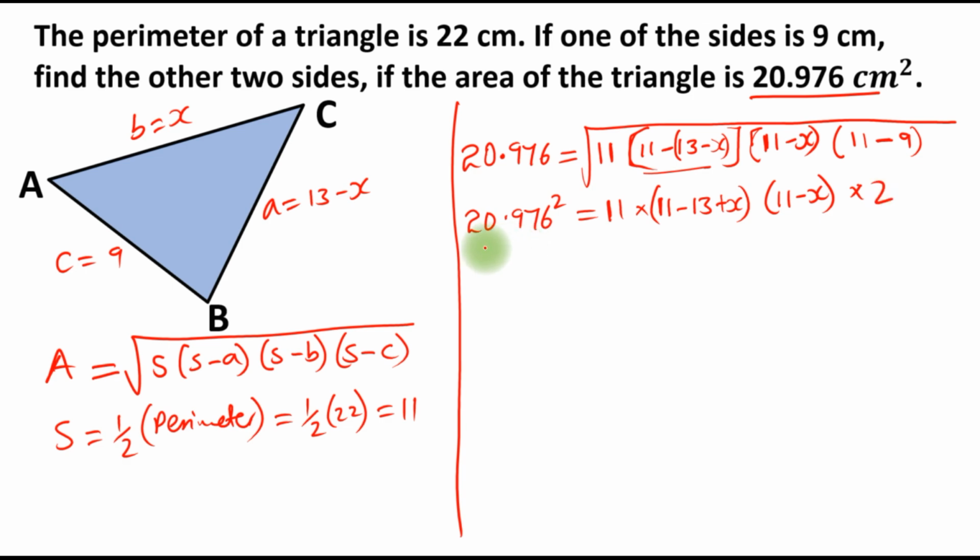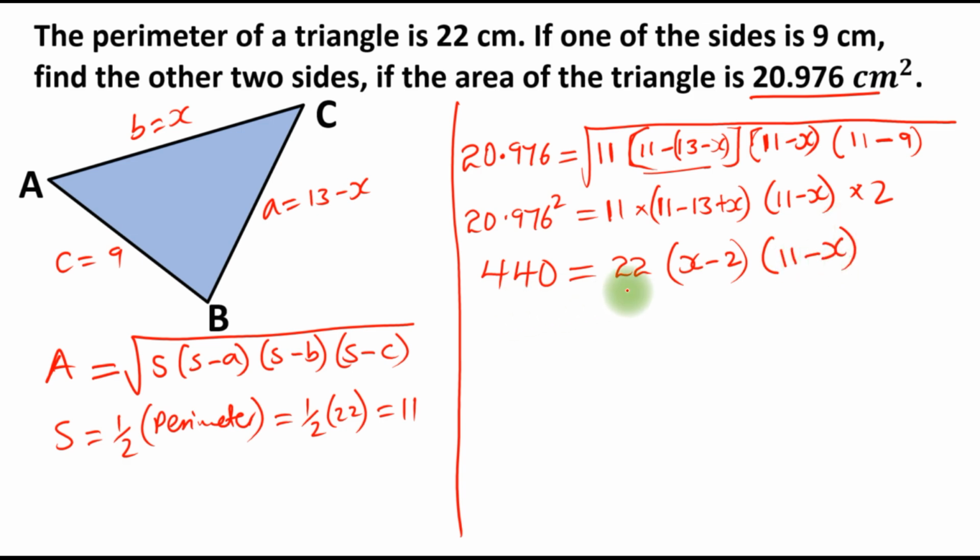Alright, if you use your calculator, 20.976 squared, we get 439 point something, so we round it up to 440, which will be equal to 11 times 2, that is 22, then multiplied by 11 minus 13, that is minus 2, so this will be x minus 2, then multiplied by 11 minus x.